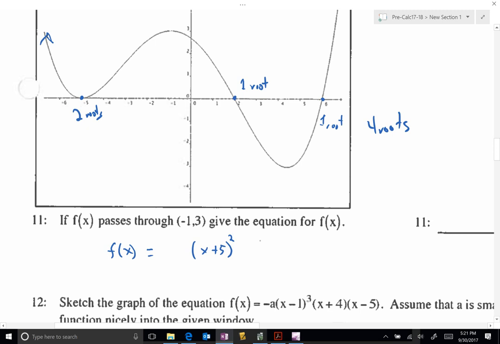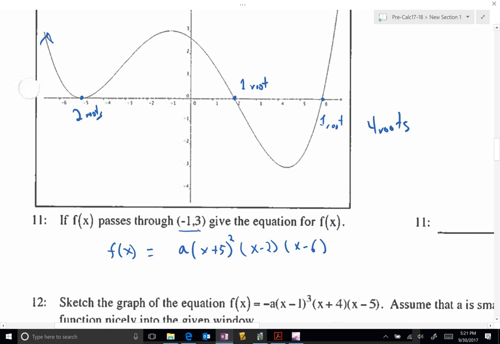We have a root at 2, so we have a factor of x minus 2, and we have a factor of x minus 6. However, there could be some constant multiplier here that we don't know, an a value that we need to solve.